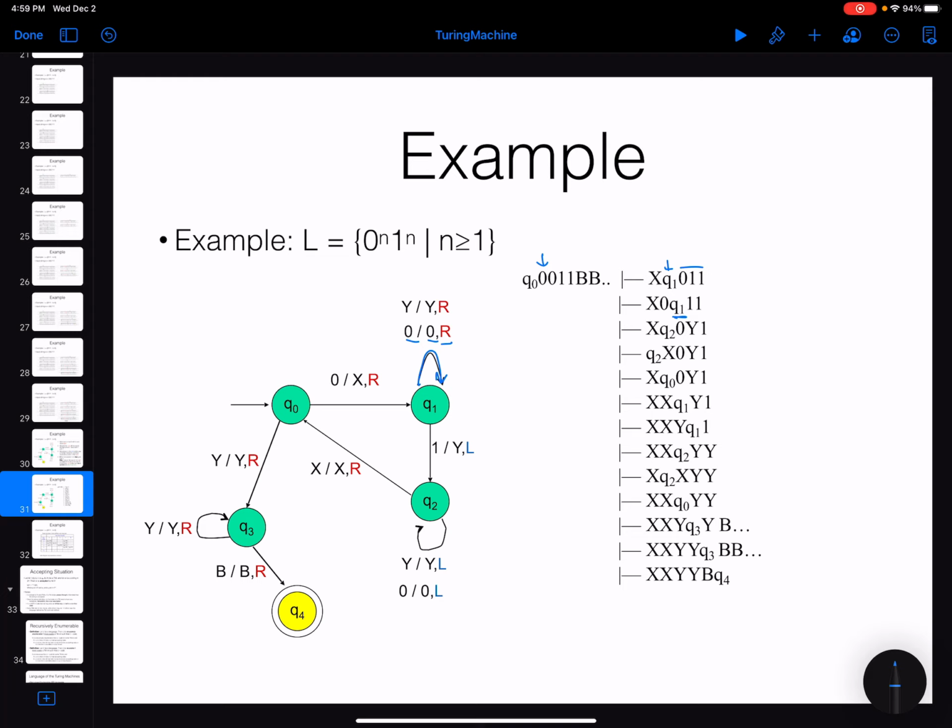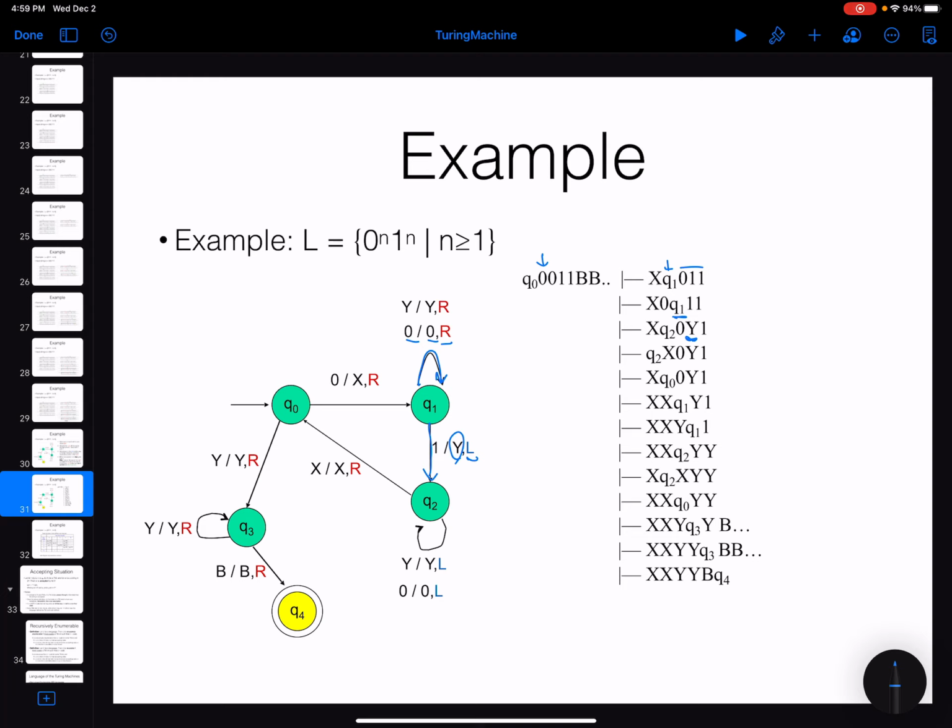Then whenever you see a 1, you move to Q2 and you switch the move. So you move to the left and you write Y. So this is the situation where you have written a Y and moved to the left.